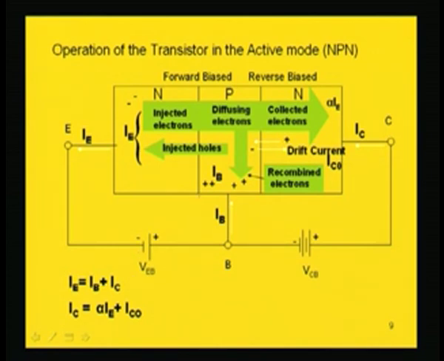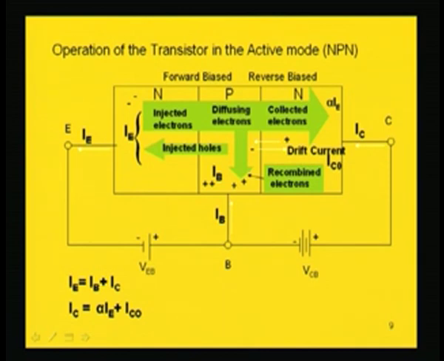So, this junction between emitter and base is forward biased, P is at a higher potential than N. Similarly, the other junction, the collector base junction, is reverse biased by this potential VCB, with the polarity such that the collector is at a lower potential than the base.